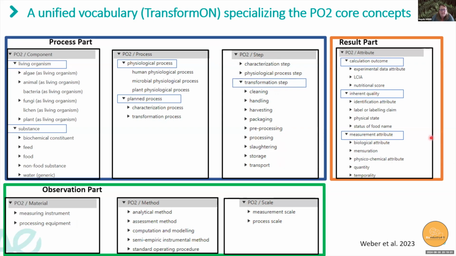And you will see also that we can describe both measurement instruments or processing equipment as well as different scales. And this is the originality of the model with respect to SOSA-SSN, because we can describe both measurement scales or process scales of the process.